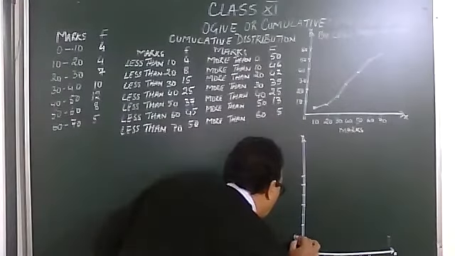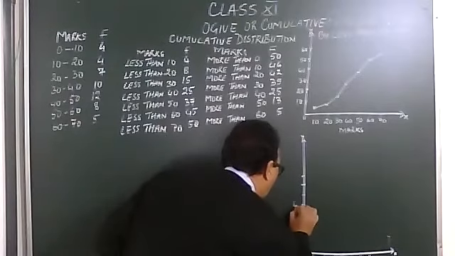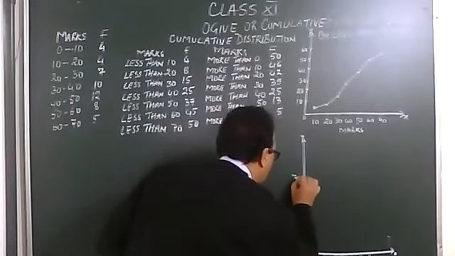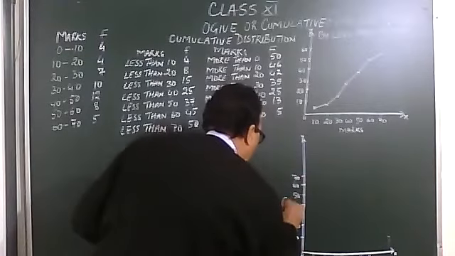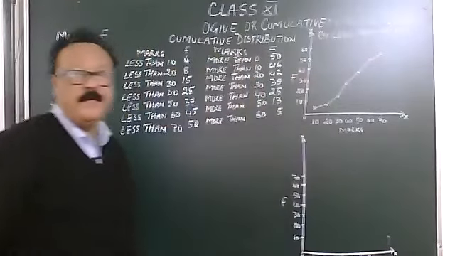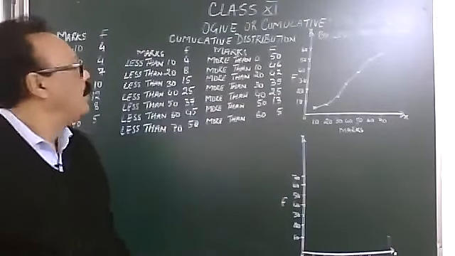So 10, 20, 30, 40, 50, 60, 70. This is F or number of students, frequency.